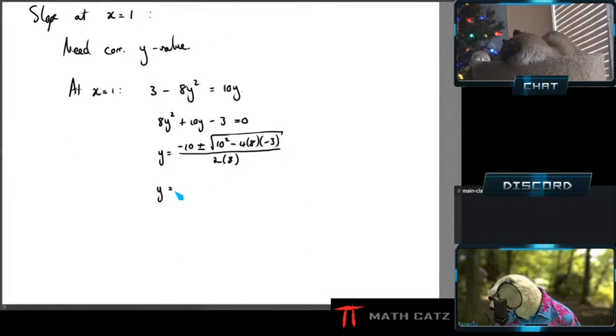I like to calculate the square root first. I don't know, just habit. What is inside that square root? It's 100 plus 4 times 8 times 3. 196. Ooh, 196. Is that 14 squared?